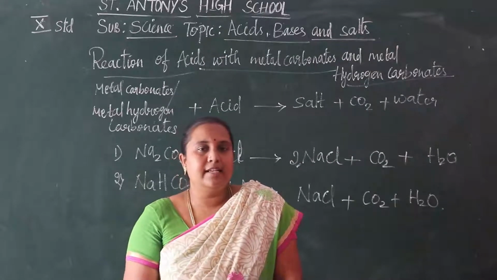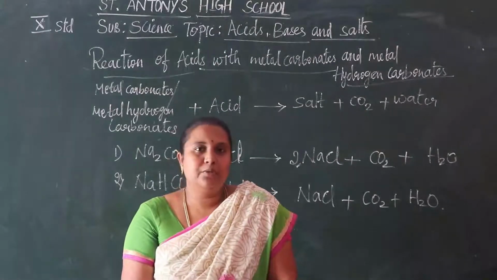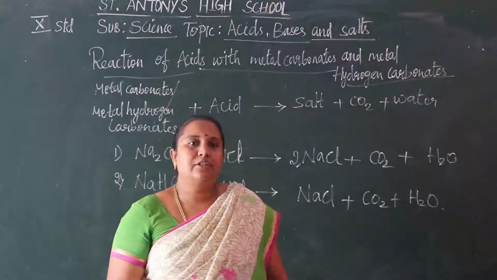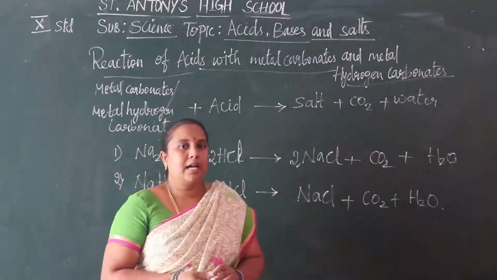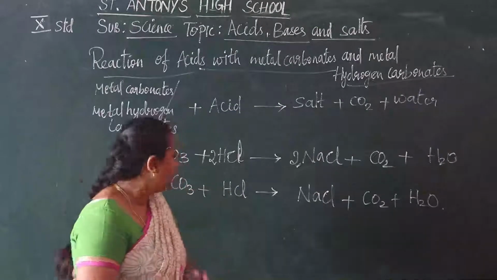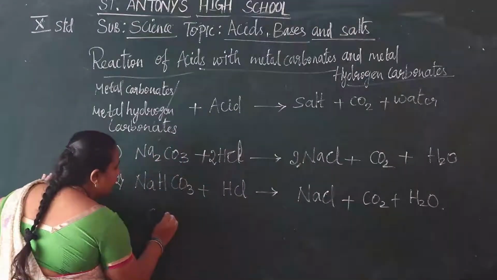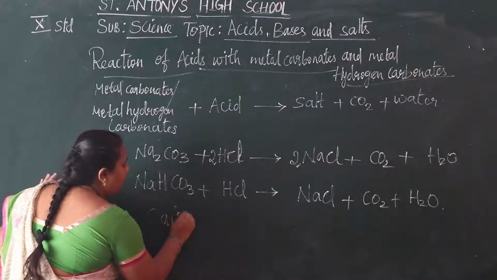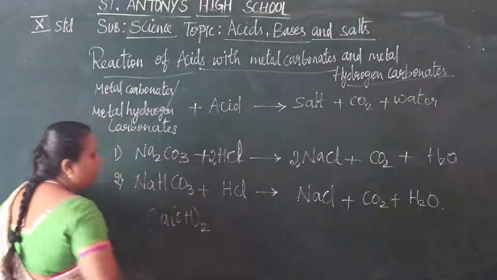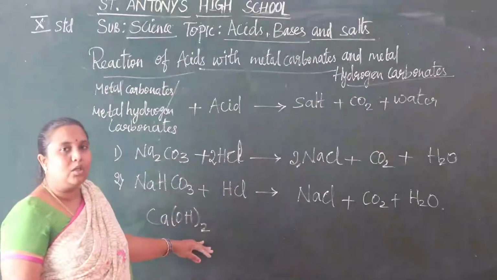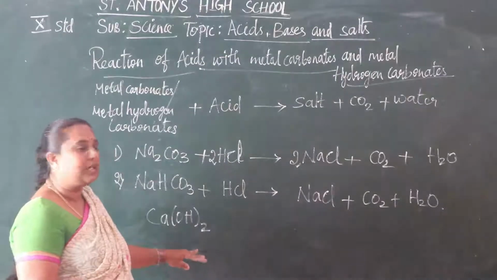Calcium hydroxide is quicklime. Can you remember, children? Calcium hydroxide is quicklime. The molecular formula of calcium hydroxide is Ca(OH)2. So we are passing carbon dioxide through this lime water.